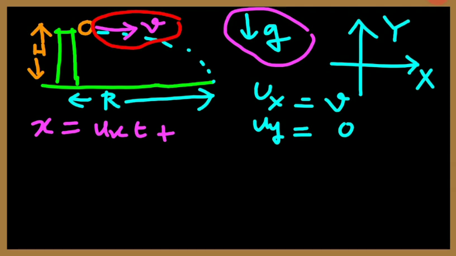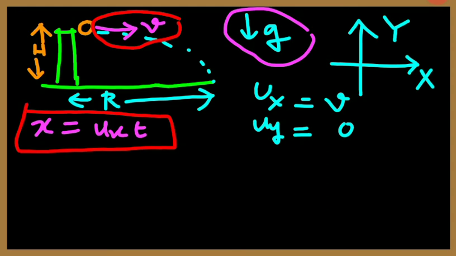So x is equal to ux t plus half ax t square, with ax 0. Therefore x is equal to ux into t. So I have this expression, x is equal to ux into t.